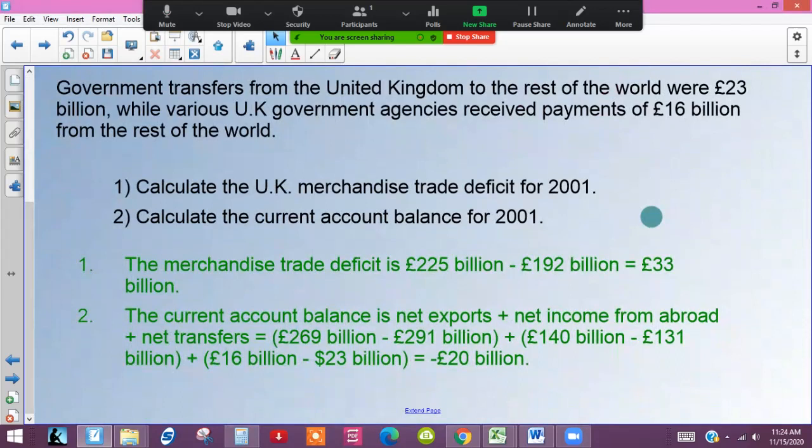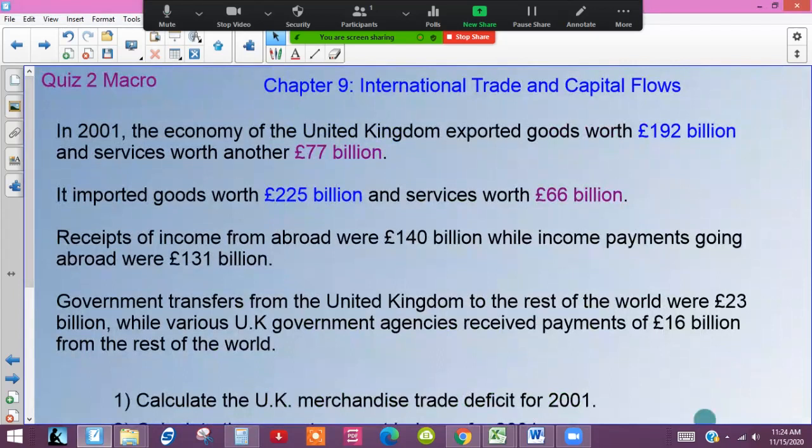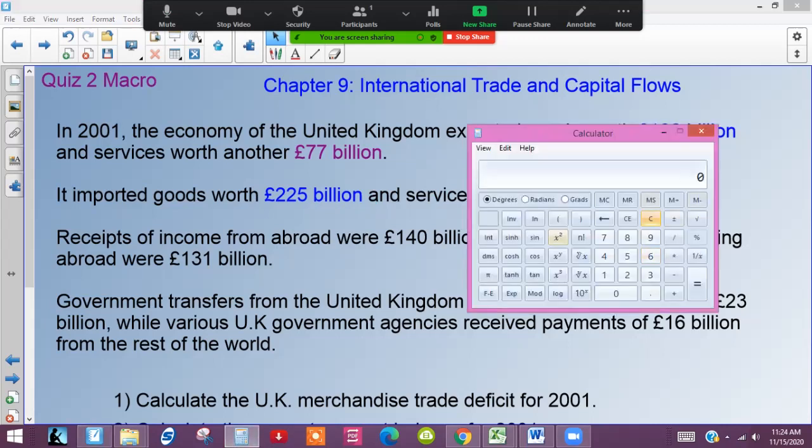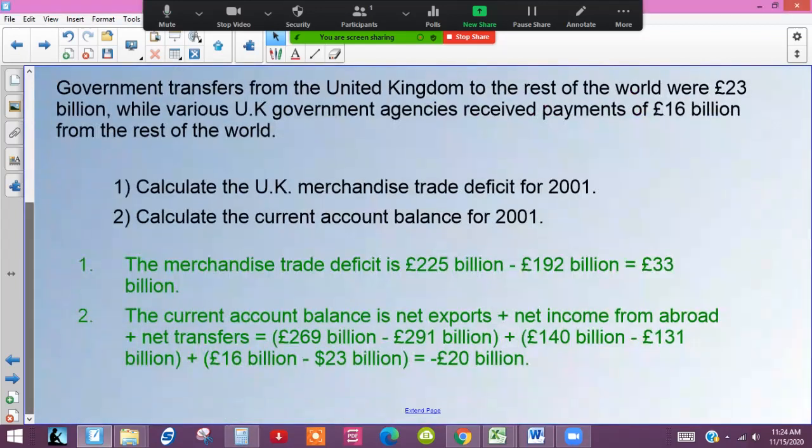And we did the same thing for total imports. We got 291 because we simply added up imported goods plus imported services, 225 plus 66. We'll do it real quick: 225 plus 66 equals 291, and that's what we use, right?